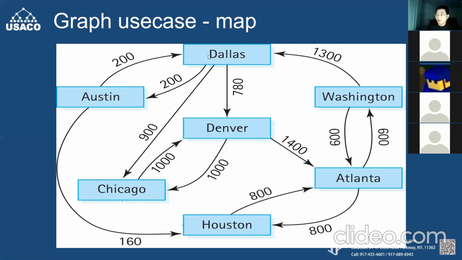Or you can go to Denver, then from Denver to Atlanta, and from Atlanta to Houston. That is also possible. They're connected, which means you can drive and finally arrive at Houston. But the question is which path you're going to select. Of course, the shorter one. The distance has to be shorter first.